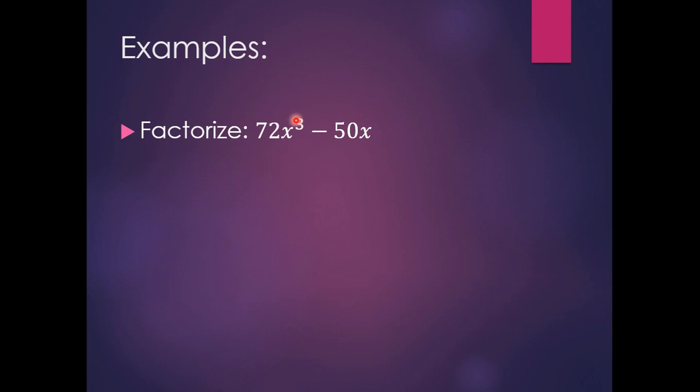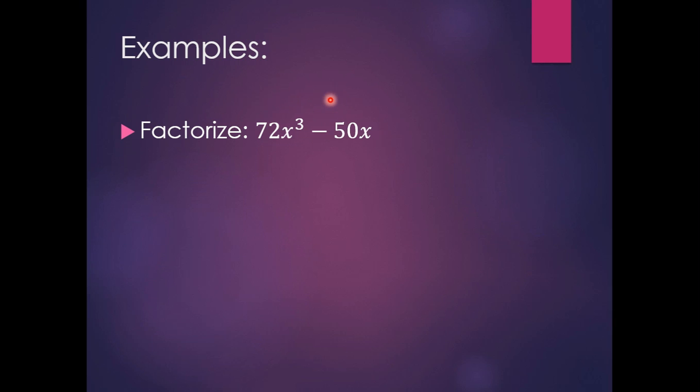So x power 3 and x power 1: the smallest power of the variable, x power 1, comes out as common. And the HCF of 72 and 50 is 2. That means 2 can divide 72 and 50, and 2 is the highest number which can divide both.